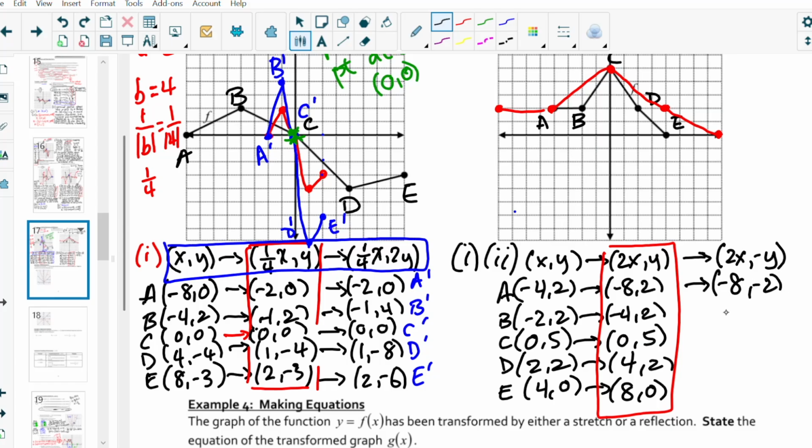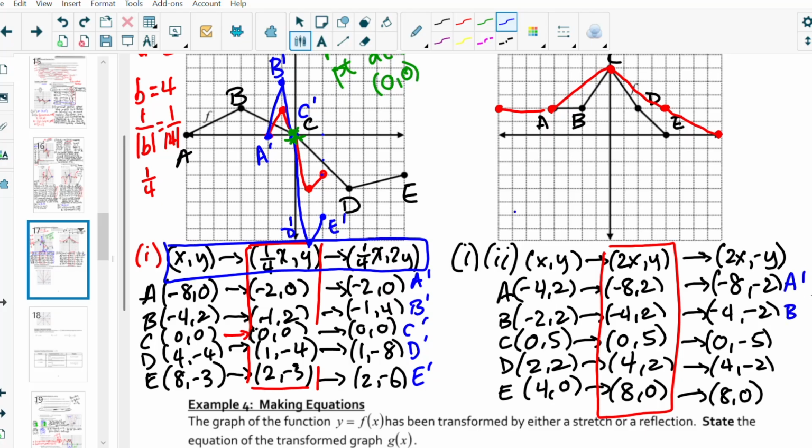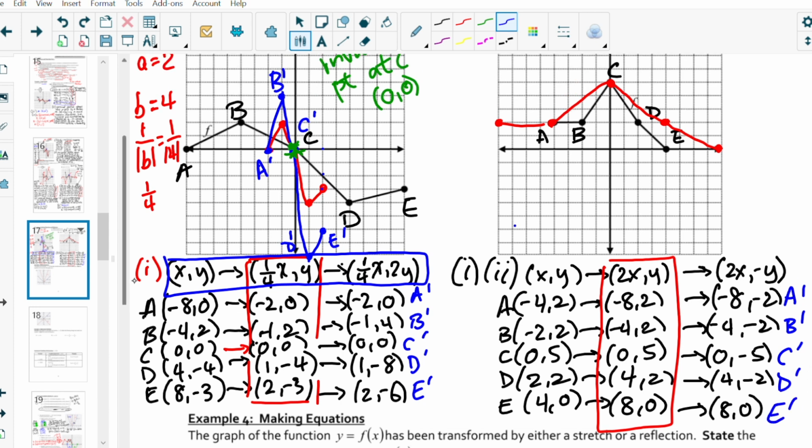So it's (-8, -2), (-4, -2), (0, -5), (4, -2), and (8, 0). Okay, let's graph that in blue. This is A prime, B prime, C prime, D prime, E prime.